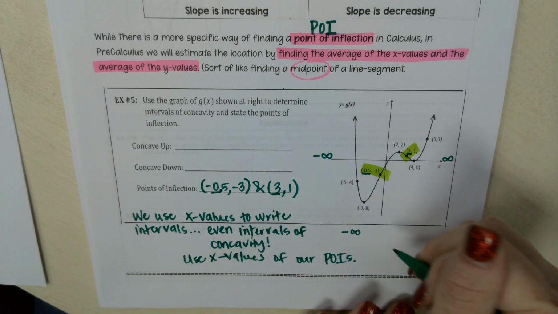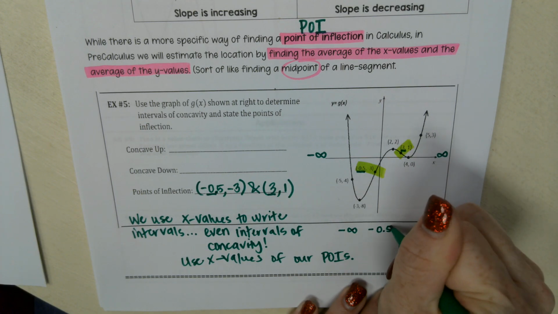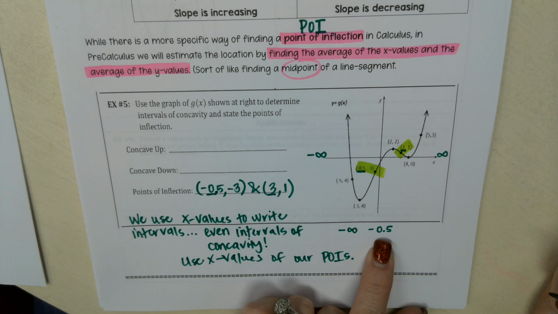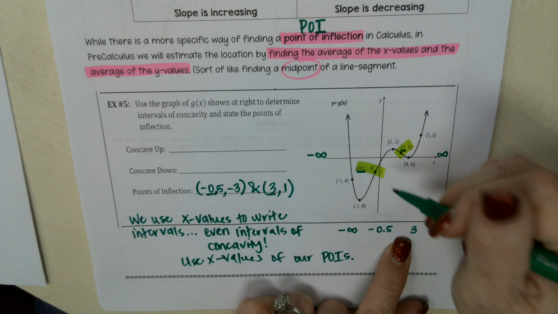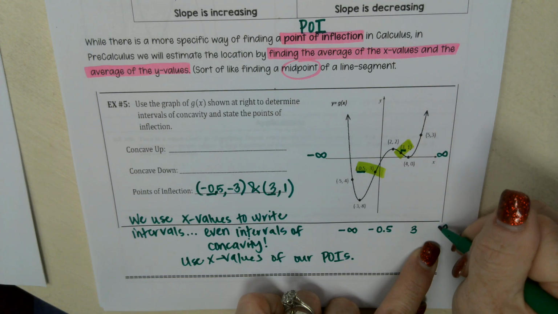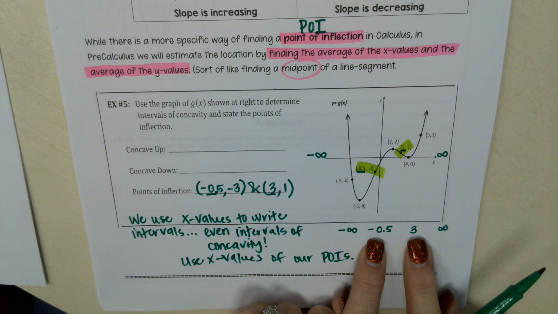From left to right, I'm coming from negative infinity, and I go to negative 0.5, and then there's a change. I keep going, and then at 3, there's another change, and then I keep on going to infinity. There were only 2 points of inflection here. Okay?